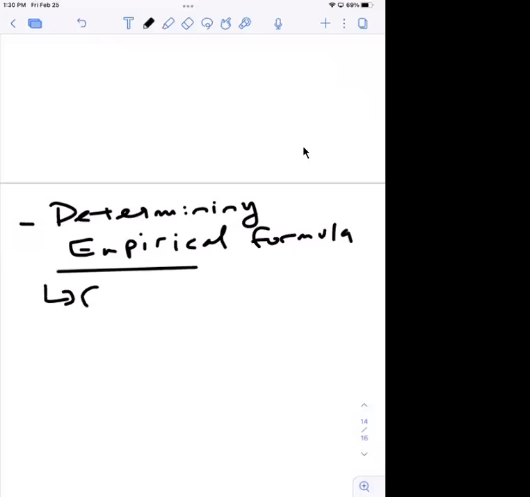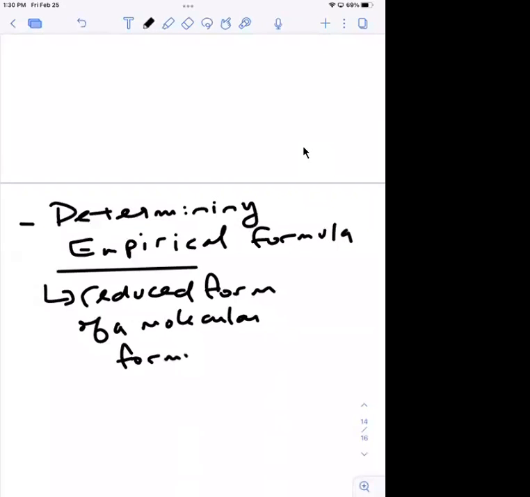Remember we said it was the reduced form of the molecular formula. So it's really a relative composition, because it's not the exact number of atoms in that molecule. It's just a relative number of the atoms that are present.